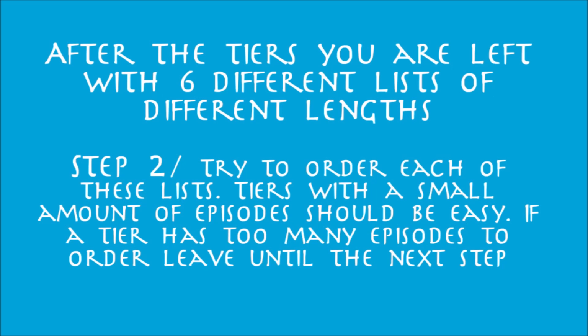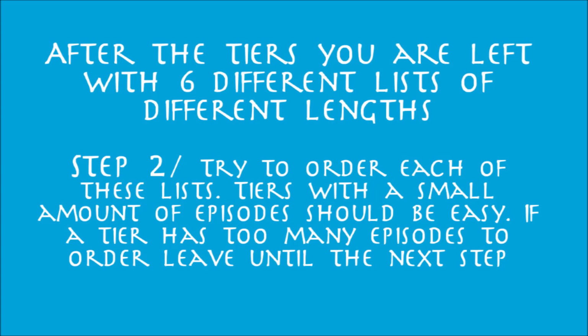But step 2 is to attempt, if possible, to apply an order within each of the tiers. So if you have, say, 10 episodes in your good tier, try and order those 10 episodes against each other, because you rate them all fairly similarly, and now is the time to bring in the specifics of this episode versus this one, and try and create a 1 to 10 of your good episodes.